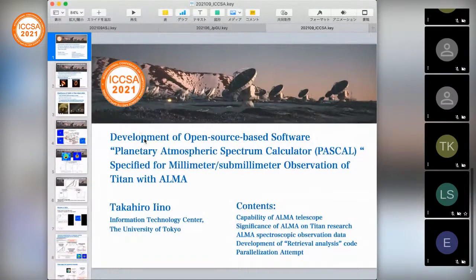First of all, I have to say that this is my first presentation at an information science conference, and my specialization is not information science, but astronomy and planetary atmospheric science, so if you give me good advice, it will be very good for me.